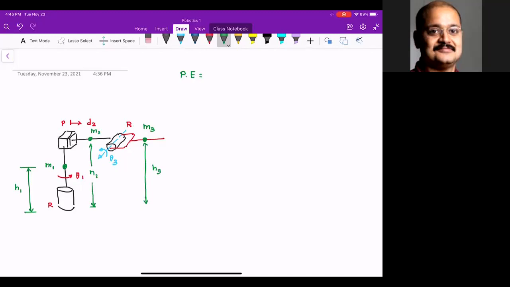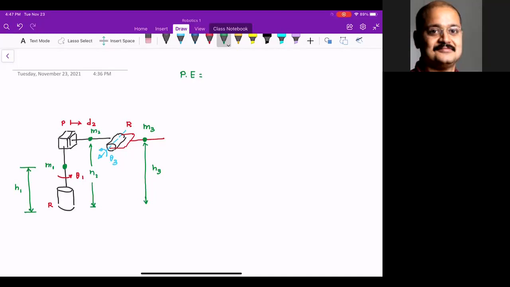Now, one thing I want you to understand, that these distances should be for all possible values of theta. Okay, so I don't want to see just a number like 0.5. If you give me a number like 0.5, 0.2, 0.3, it means that height is going to remain constant throughout the robot operation.